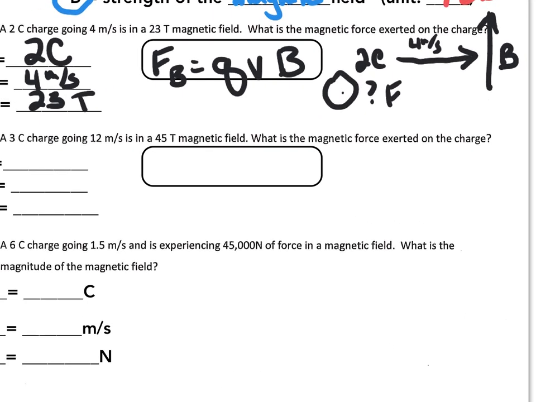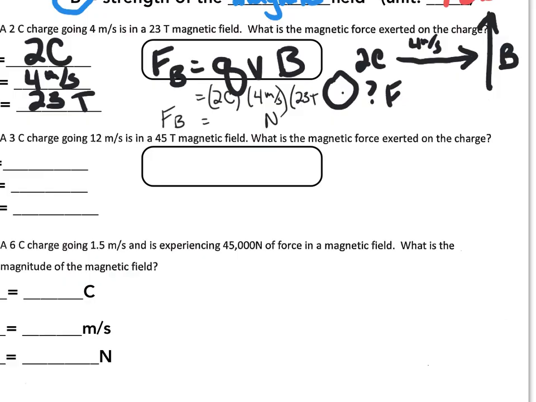So let's zoom in on this, okay? So what's the charge? 2 coulombs. What's the velocity? 4 meters per second. I bet you can do that in your head. 2 times 4 is 8. Then we have to multiply by 23 Teslas. And surprisingly, or maybe not surprisingly, we get an answer in newtons.